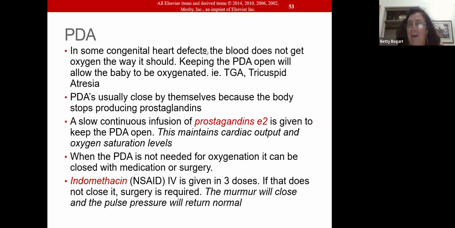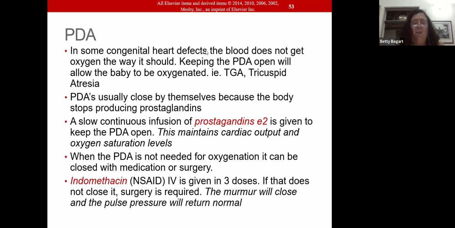So we do have a synthetic prostaglandin, and we give a slow, continuous infusion. And what does that do? It gives baby oxygen and keeps them alive till we can do surgery. It maintains cardiac output, and it also gives them the oxygen they need.